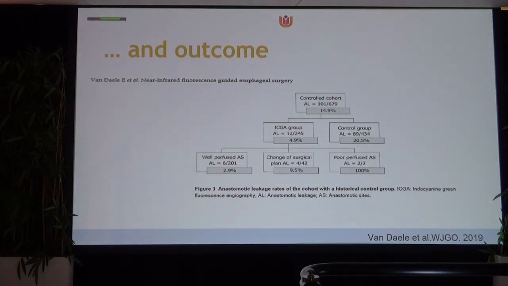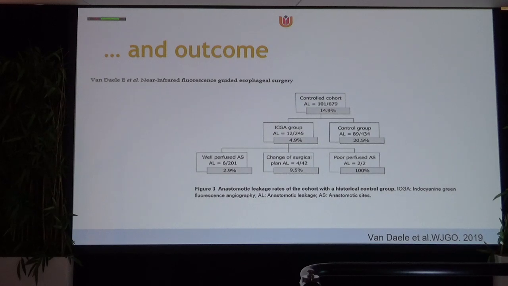Really recently, there was a systematic review for a group of patients with a historically controlled subset, where surgeons used contrast imaging, fluorescence in this case, to visualize the vasculature around the anastomosis, and they could make changes in the surgical plan after they visualized it.